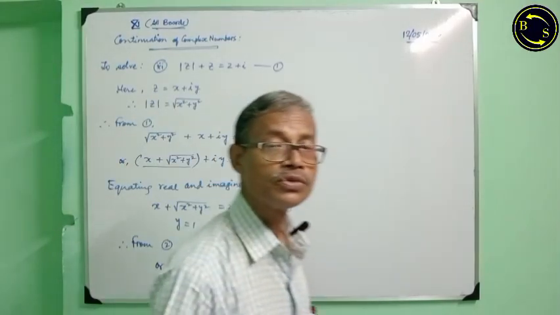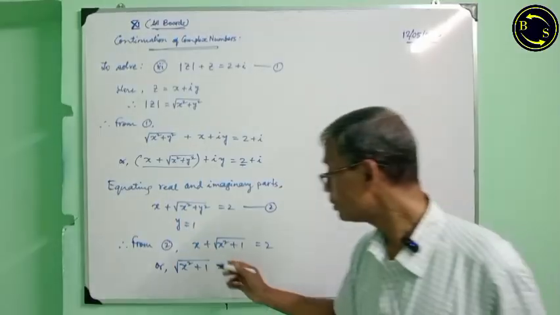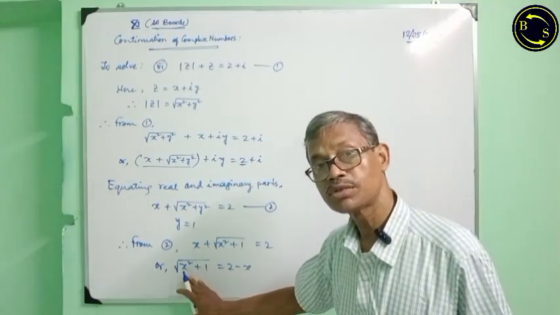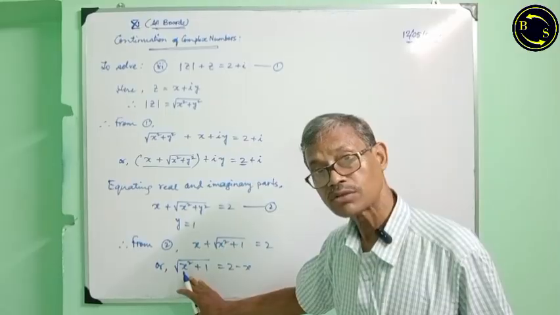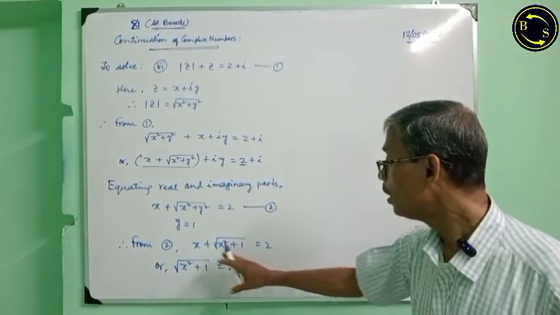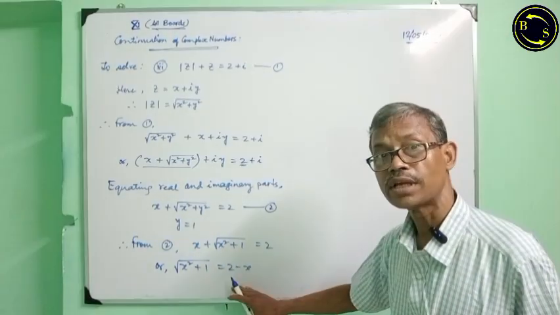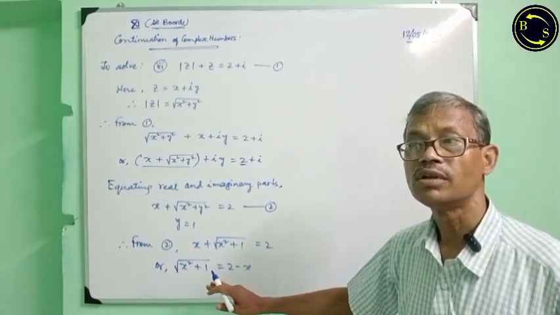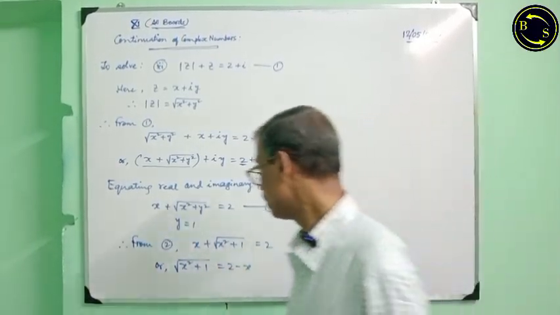Now we use this technique. Since there is an irrational part, we keep the irrational part on the left side and the other terms on the right side. Actually, we have to remove that square root symbol by squaring.